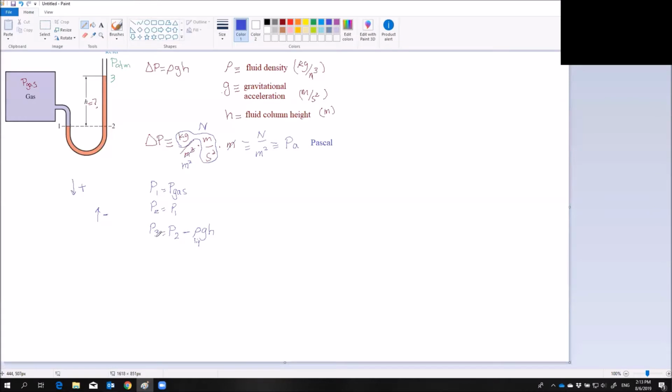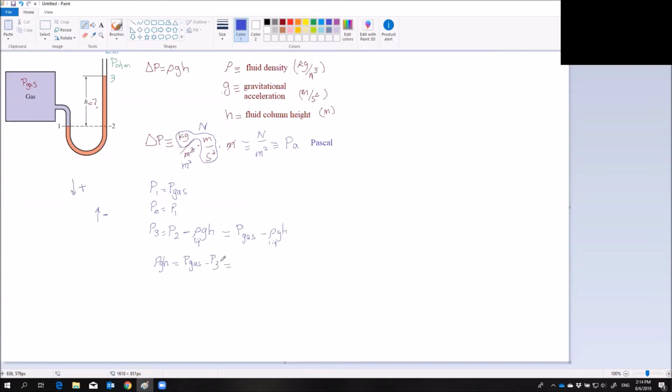So now we have an equation that relates P3 to P2. We know that P2 is P1 and P1 is P gas. So this can be written as P gas minus rho liquid times G times H. Now we can rearrange this and calculate H. Basically, rho g h will be equal to P gas minus P3.